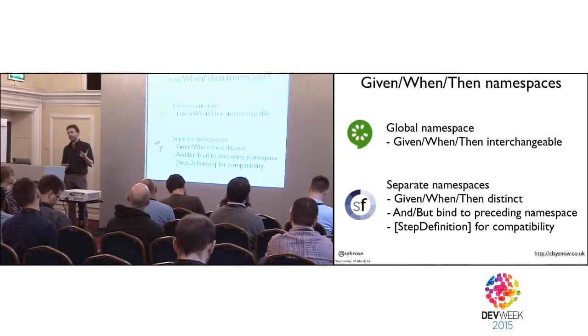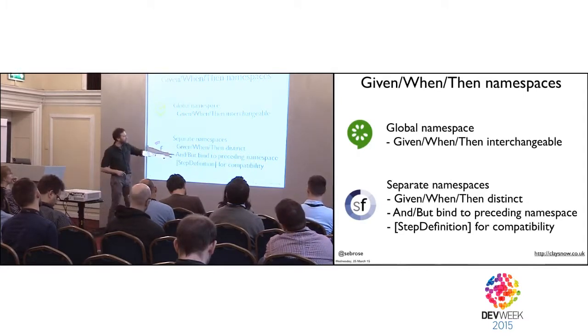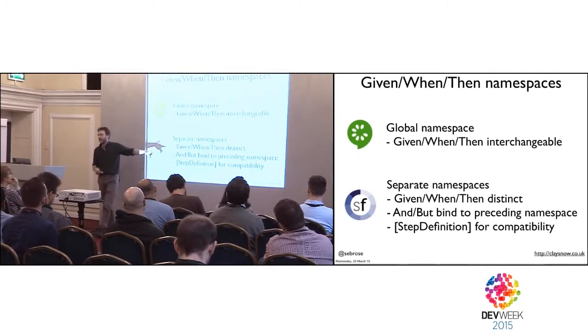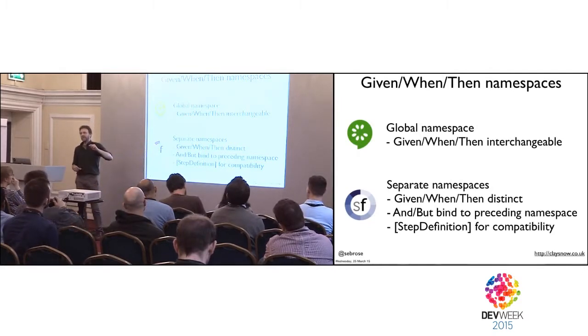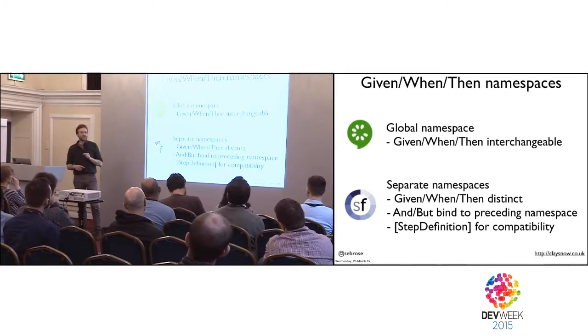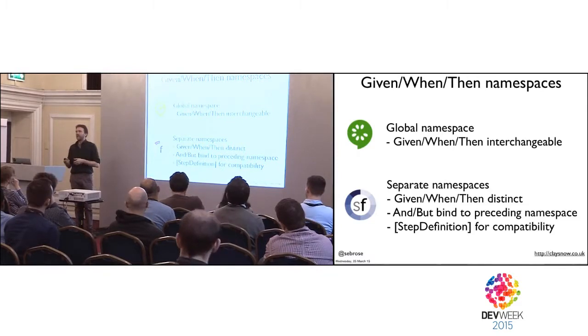And a "when I register" will only match a when I register. There are no namespaces for and or but. And or but bind to the most recent namespace above it. So if you say "given I register and I go to the home page", that and is treated as a given, and it will generate a given binding.